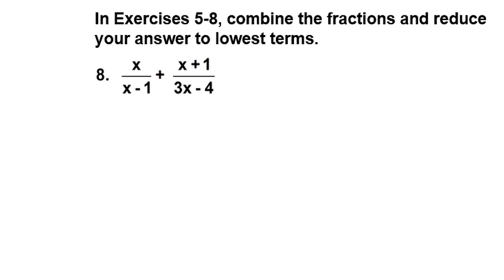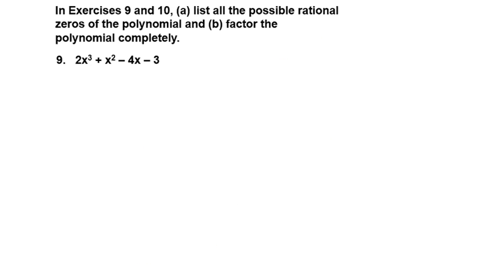Okay. We have problem 9. Exercise 910. List all the possible rational zeros of the polynomial and factor the polynomial completely. So for this, we use something that you might remember called the rational roots theorem or rational zeros theorem.